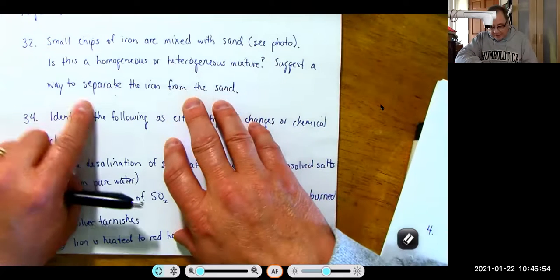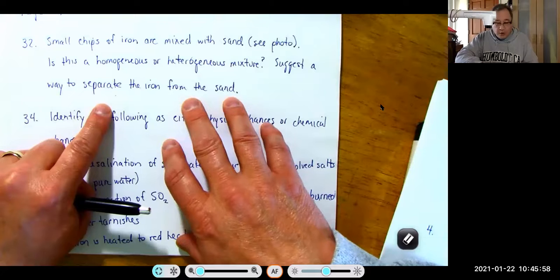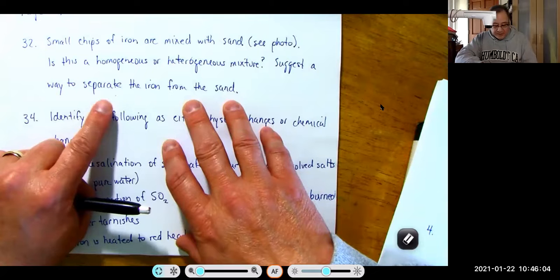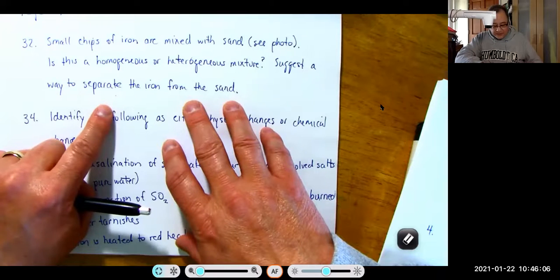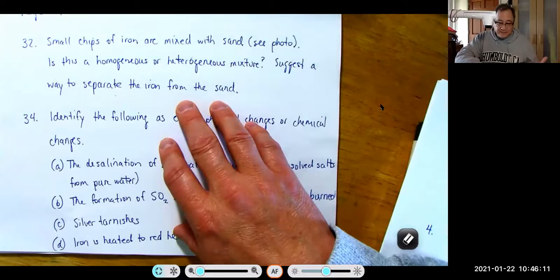Suggest a way to separate the iron from the sand. Tweezers is an appropriate answer, but it is going to take you a long time. A more appropriate answer, and this is a good way of doing it, is to put water in there so it's kind of slushy and stir it with a magnet. What's going to happen to the iron?